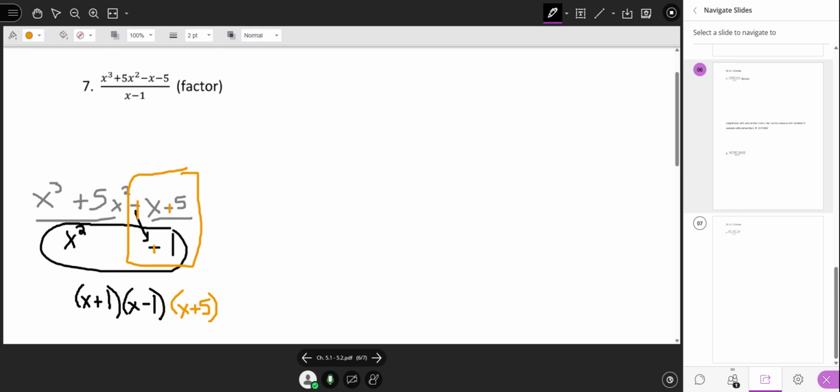So now, dividing by x minus 1 makes x minus 1 go away from both top and bottom. And your answer here is x plus 1, x plus 5. Woo!